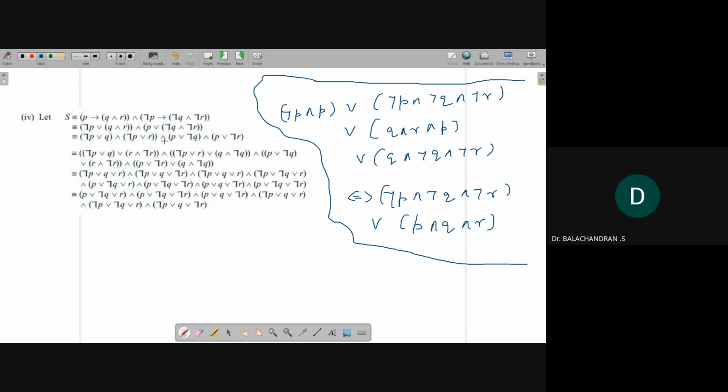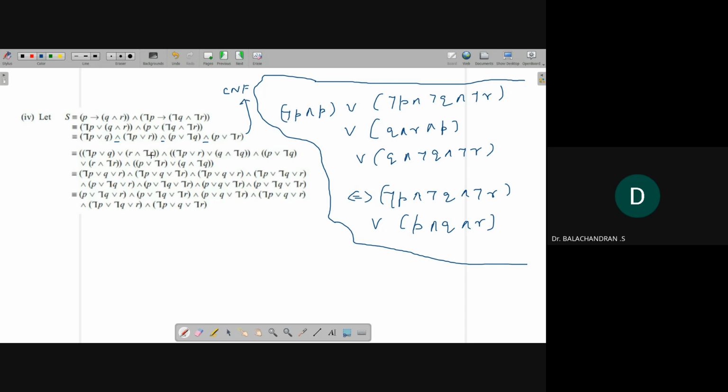This is actually product of sums. So this is in CNF. And how to get PCNF, you know that. So you should put what? Here what is missing?